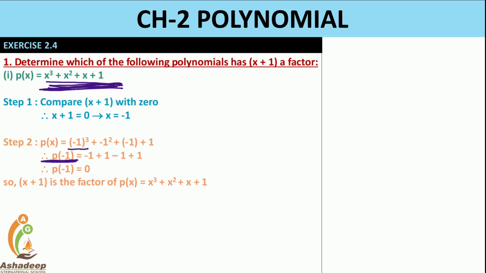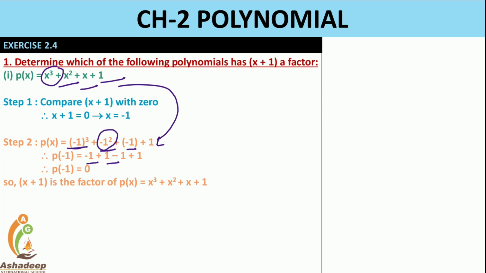So minus 1 cube, minus 1 square, and the minus 1 as it is, and plus 1. This is the simplification that you know very well. Plus 1 minus 1 is 0. So the answer is 0.